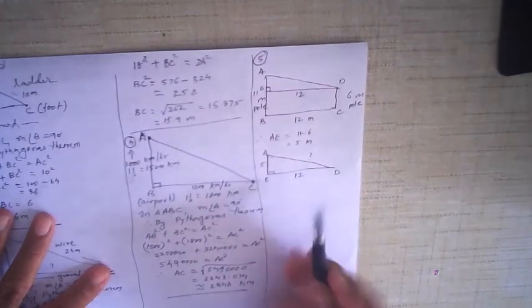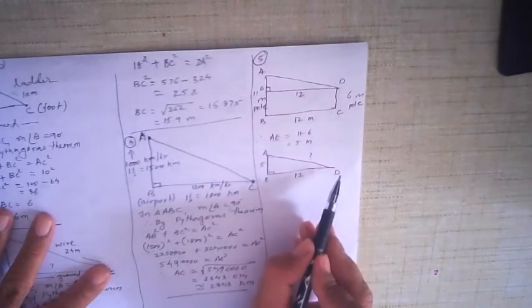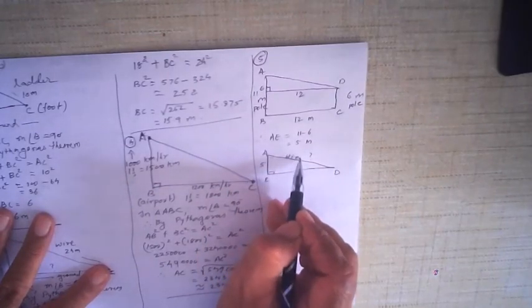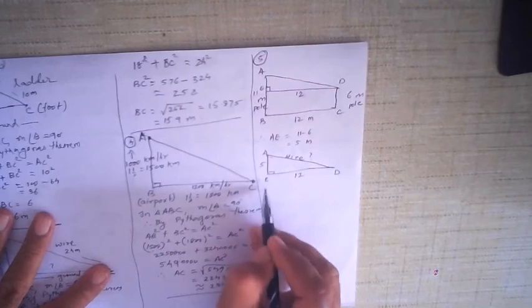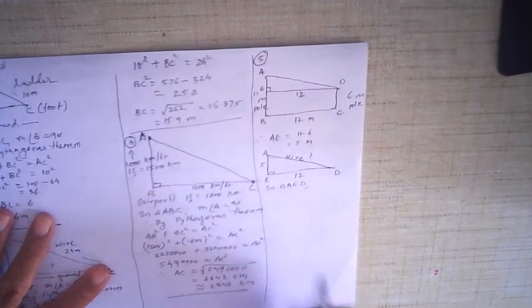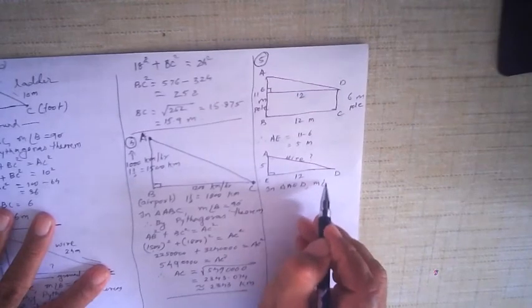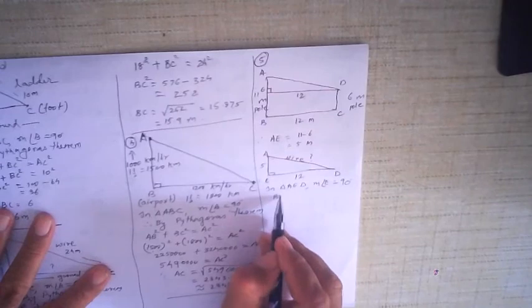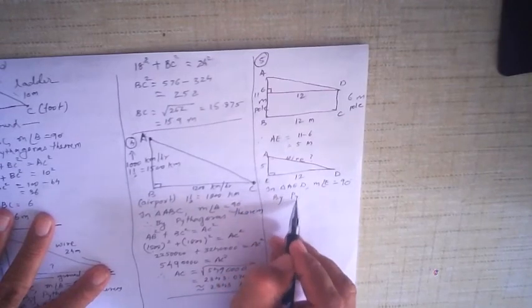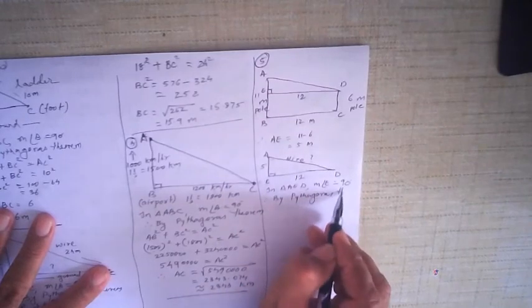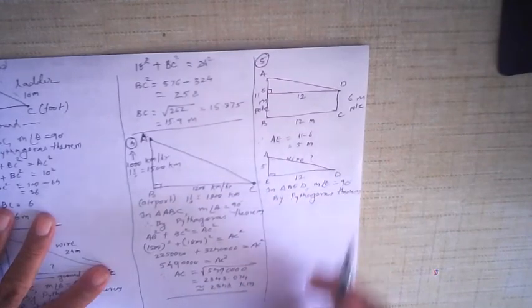Find the distance between the tops of the two poles, the wire connecting the tops. So in triangle AED, the measure of angle E is 90 degrees. So by Pythagoras' theorem, you can apply it because it is a right angle triangle.